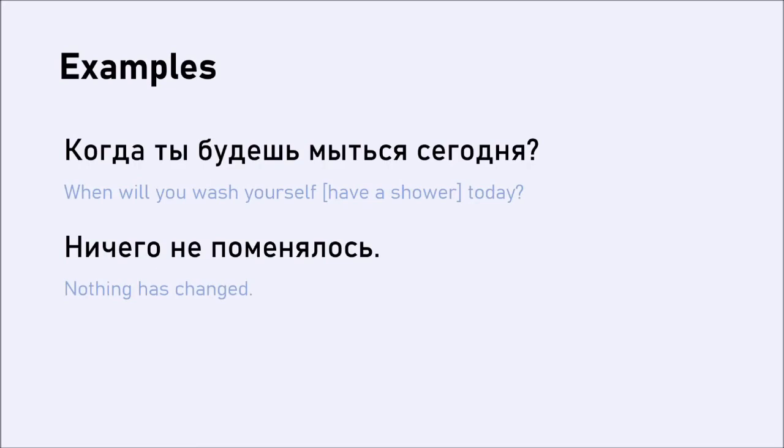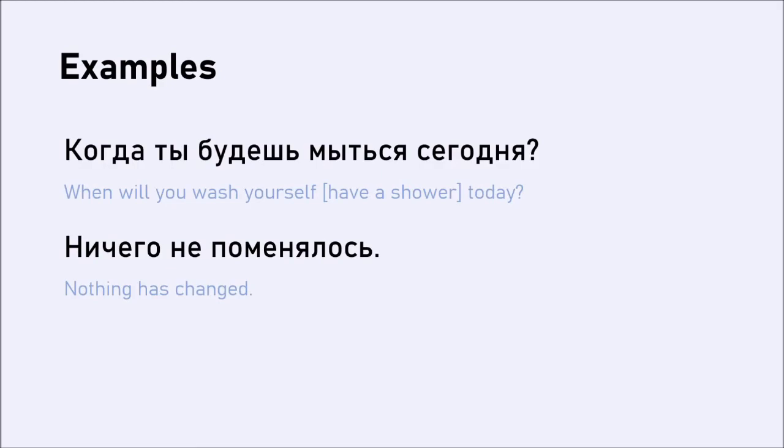Now, поменять is the perfective of менять. So поменять conveys this aspect of completion, something that's done once. So a change that has happened only one time. So you've made one adjustment, one alteration, and that's it. You've completed it. However, менять would be an ongoing change, something repetitive, or a gradual change over time.